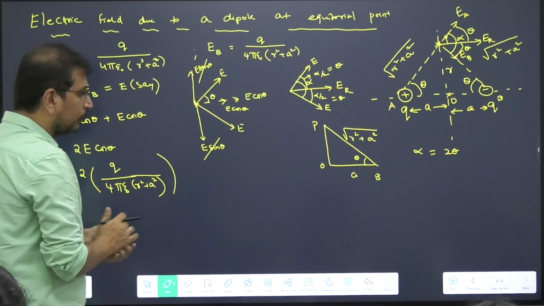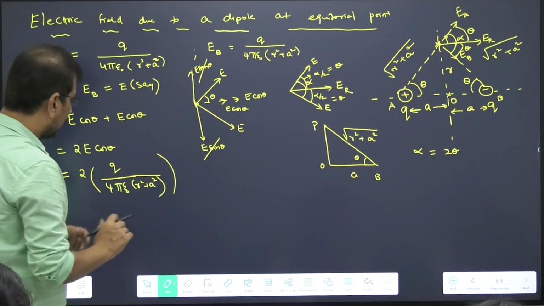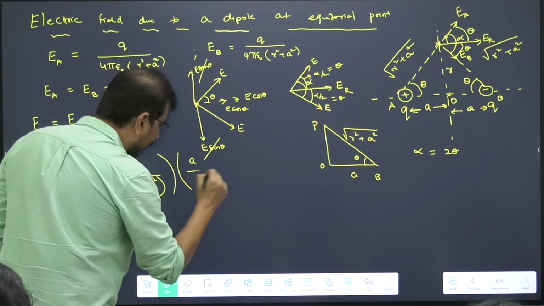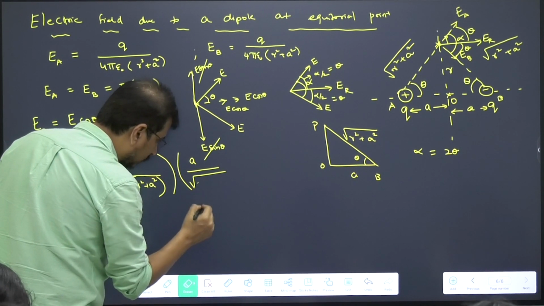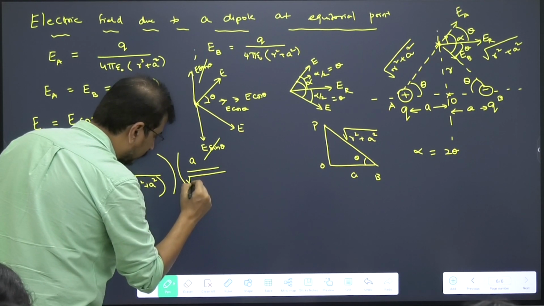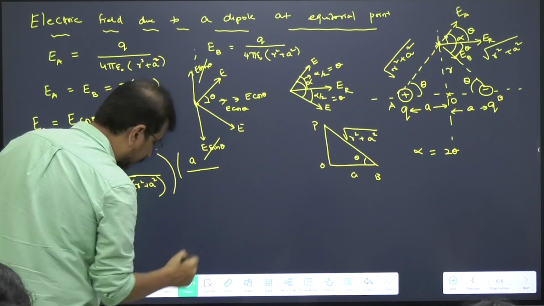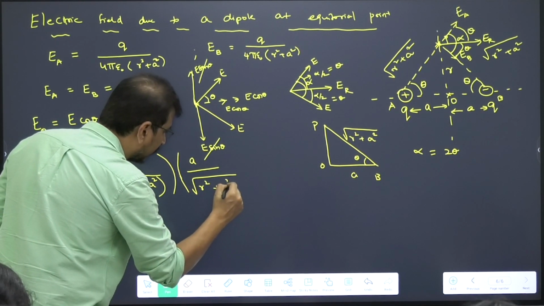Simple. So what is the value of cos theta? Base divided by hypotenuse. So it's going to be A divided by square root of R square plus A square.